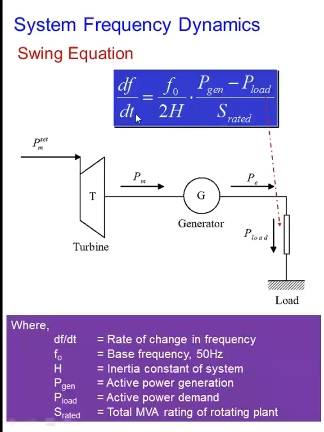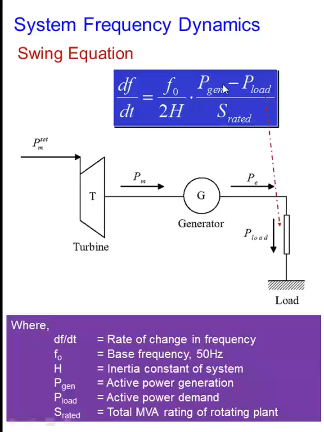So you can see the rate of change of frequency will depend upon the amount of disturbance, what is the active power being generated by the turbine generator unit, and what is the amount of the load change here. This difference will decide how the frequency will change.